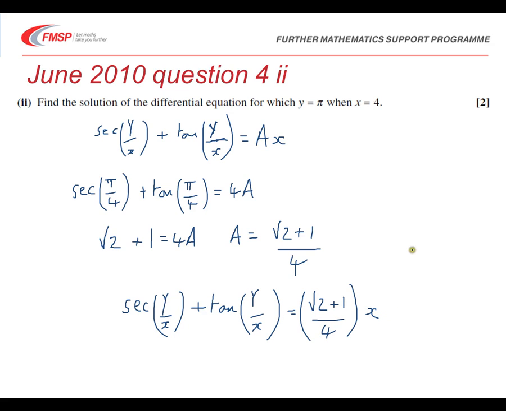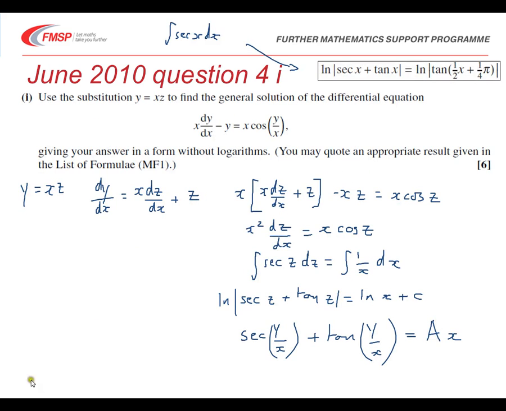Note here we haven't been asked to give this in the form y equals x, which is good because that would be incredibly complicated. So let's take a quick look at the marks awarded for this question then. In the first part here there's a method mark, a statement mark for getting this form of the substitution, the derivative of the substitution, which is needed to apply the substitution.